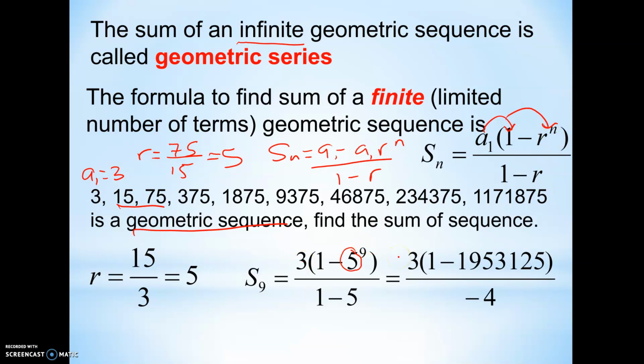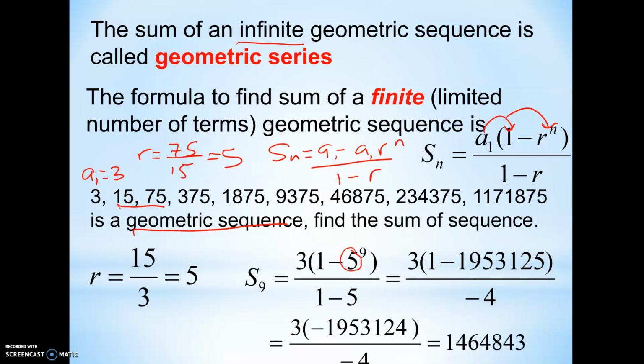We just plug and chug following the order of operations: do out 5 to the 9th power, that's this long integer right here, subtract 1 minus 5, that's negative 4. We clean up inside the parentheses, multiply, divide, and this is a negative 4 down here, it's just kind of cut off from the screen, kind of hard to see. And that long number, 1,464,843, is our answer for the sum of the first 9 terms.